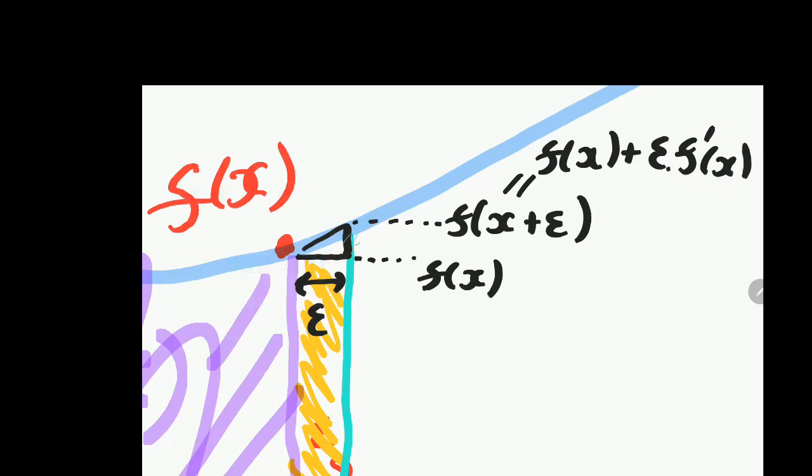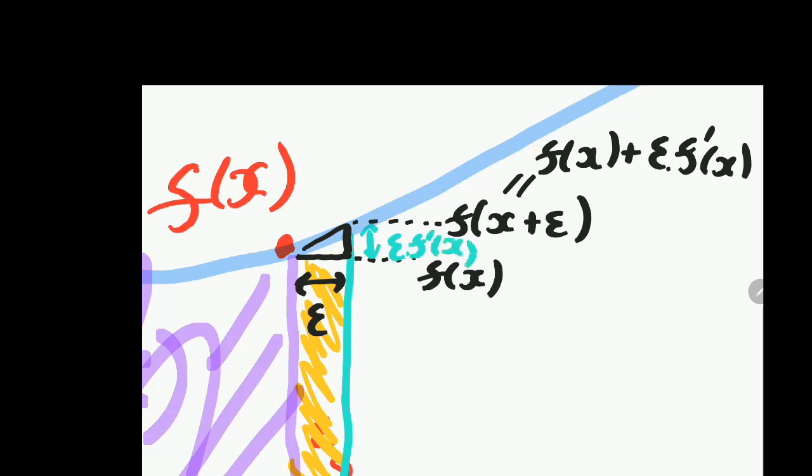And so what that basically means is that this height here, of this triangle, is just going to equal epsilon times f dash of x.